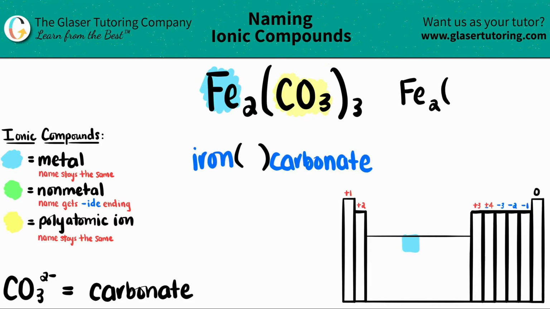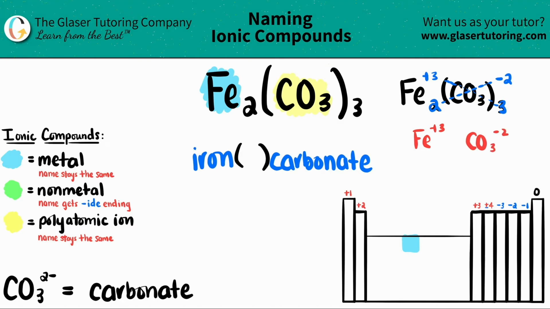All we're going to do is take the subscripts, the amount that we have of each, and crisscross them back up. In this case, I had 2 irons and 3 carbonates. This 2 tells me that the carbonate was a -2, and this 3 crisscross tells me that the iron was a +3. So I have Fe being a +3 and CO3 being a -2.